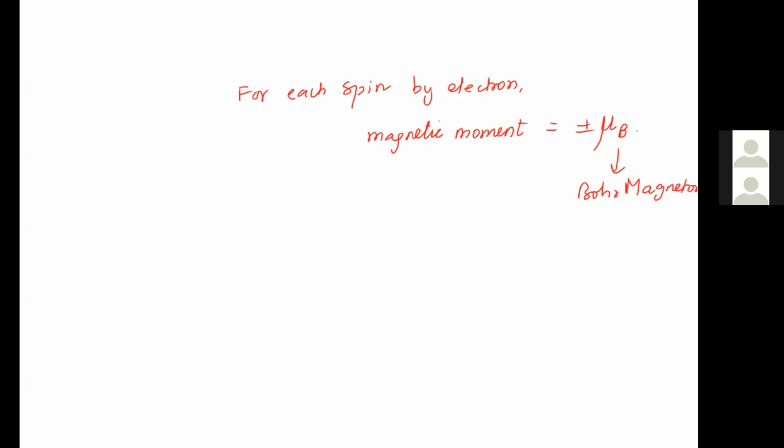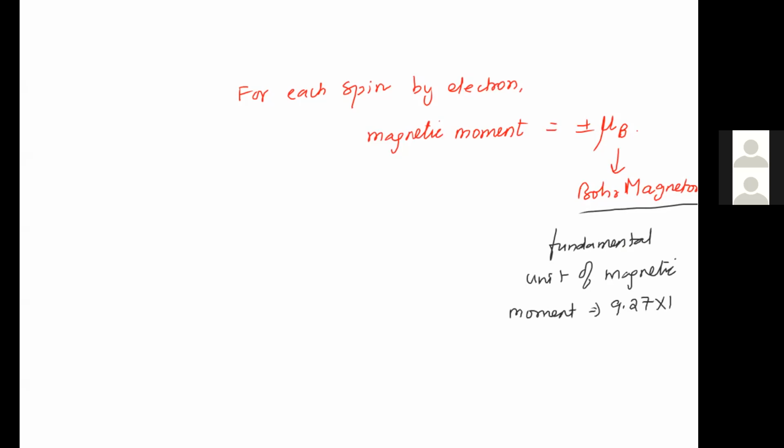What is the Bohr magneton? Bohr magneton is a fundamental unit of magnetic moment and whose value is 9.27 into 10 power minus 24 ampere meter square.